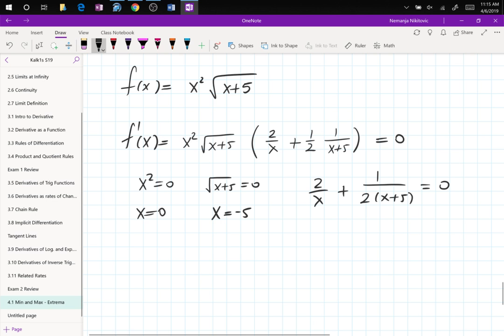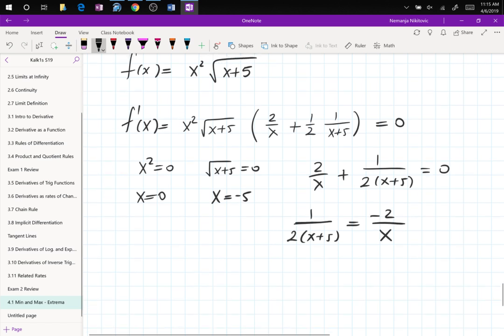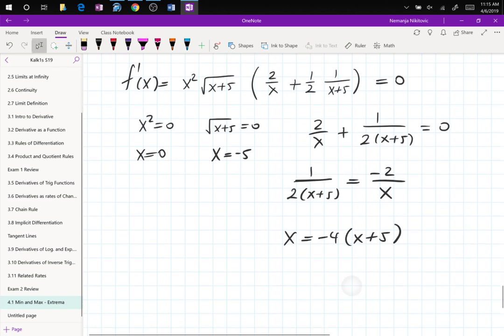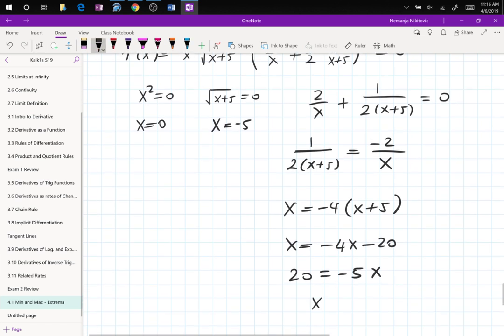Now, this one is 1 over 2 times x plus 5 equals, now this goes to the other side, becomes negative 2 over x. You cross multiply, x equals negative 4 times x plus 5. And you multiply now, negative 20. Move 20 to this side, becomes negative 5x. X is negative 4.